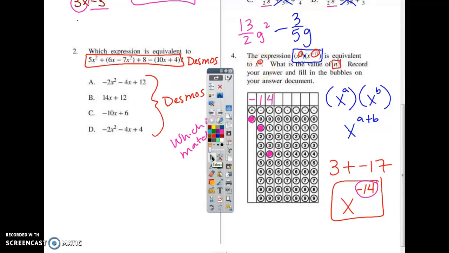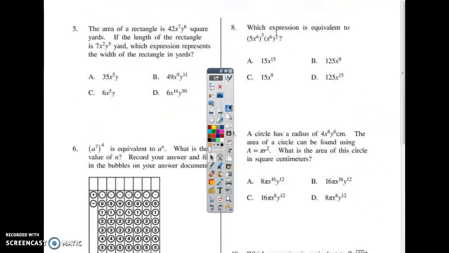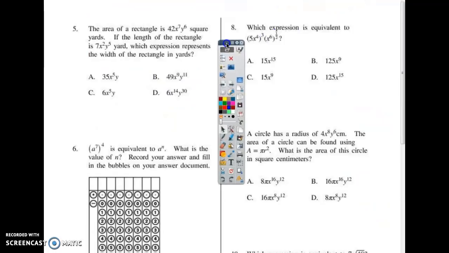Okay, problem number 5. Back page. Okay, you have to read. This one says that the area of a rectangle is this. The length of the rectangle is this. Which expression represents the width? Well, how do you find area of a rectangle?